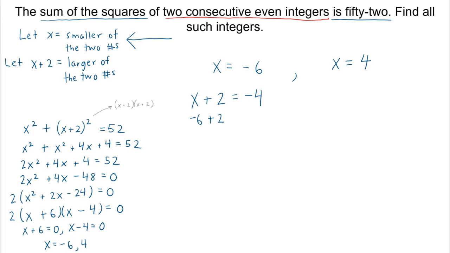Now that's also true when x is equal to 4. Let's find the larger consecutive integer that goes with x equals 4. Well, if the smaller one is 4, add 2 to that to get the larger. So that means positive 4 and positive 6 are also two consecutive even integers that will make our equation true.